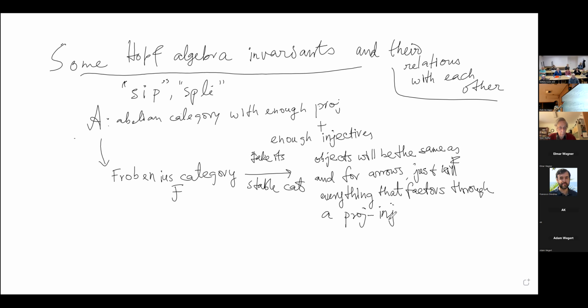Now, what has this got to do with SILP or SPLE? Well, it turns out if I take my A to be the category of, let's say, KG modules. Sorry, I have a question. Yeah. For this killing, do you assume that the category is at least additive? Yeah, I mean, I start with additive here. So it was abelian from this class.